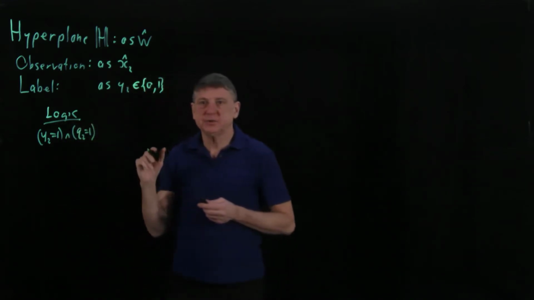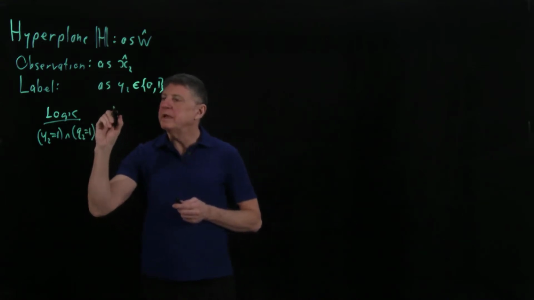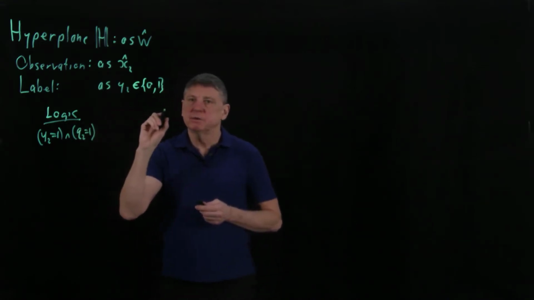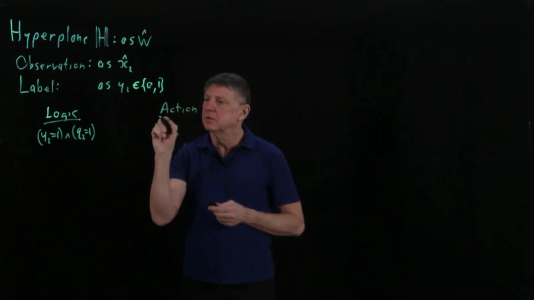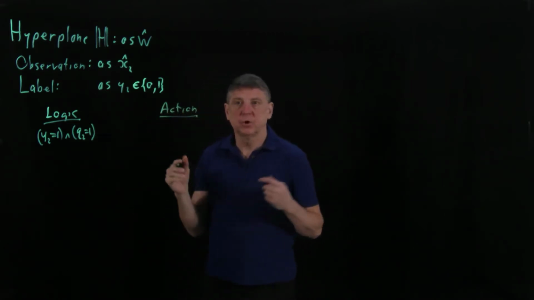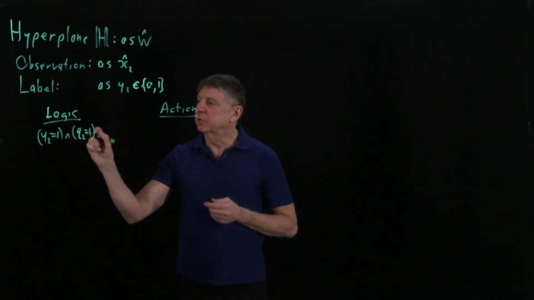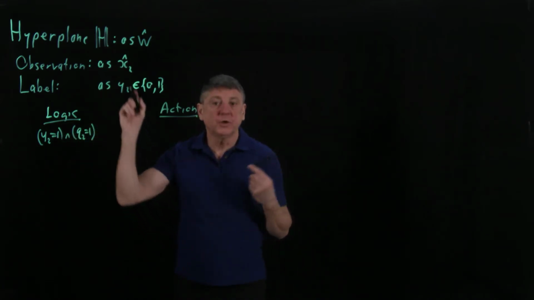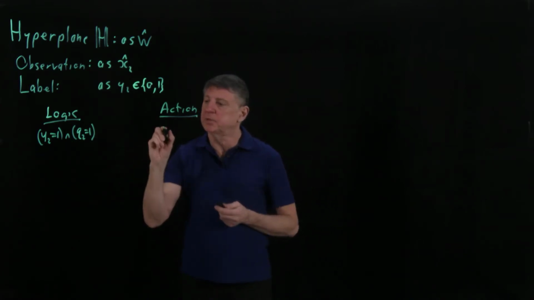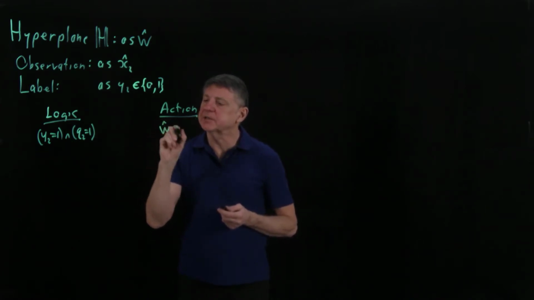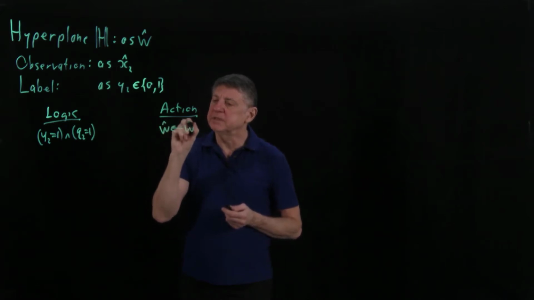Well, if that's true, what action do we want to take? If we've correctly classified that data, what do we want to do to our hyperplane? I think we don't want to do anything to our hyperplane. So I'll represent that action as we will keep this.